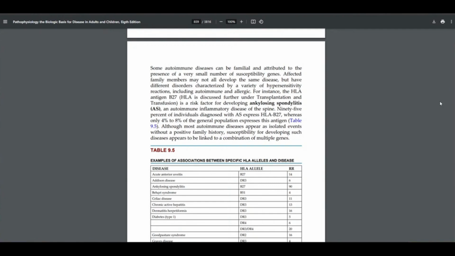Although autoimmune disease appears as isolated events without positive family history, susceptibility for developing such diseases appears to be linked to a combination of multiple genes.